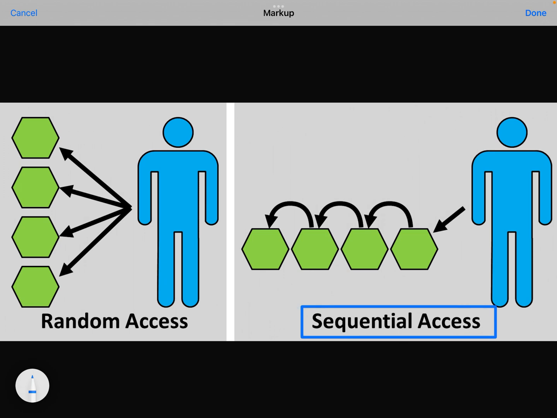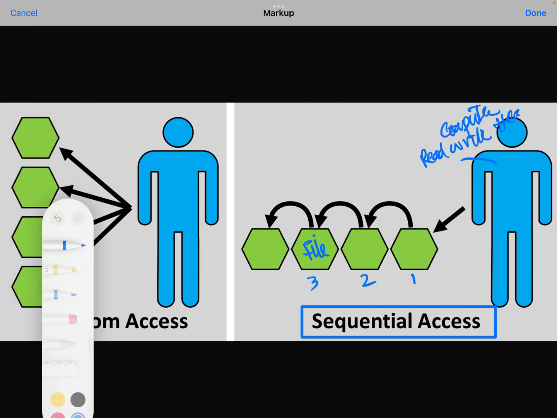This is sequential access over here. See, if your file is over here, and let's say this is the computer or the read write head, it's going to come to this first block, second block, and then third block. So it must go in a sequence, right?